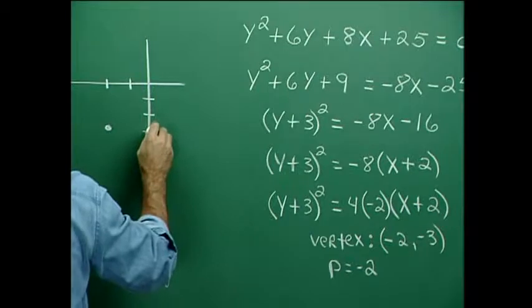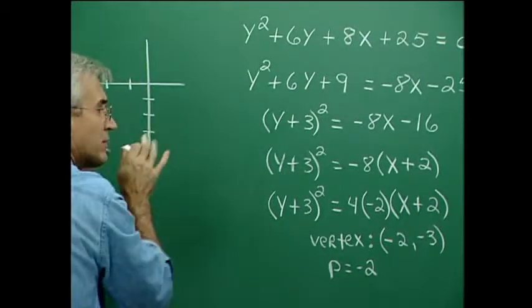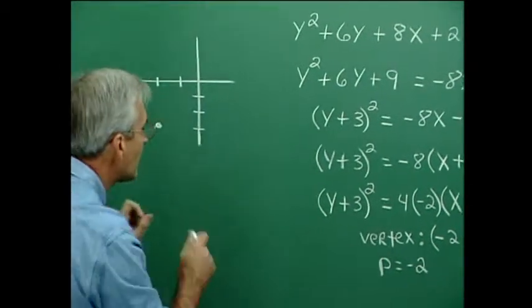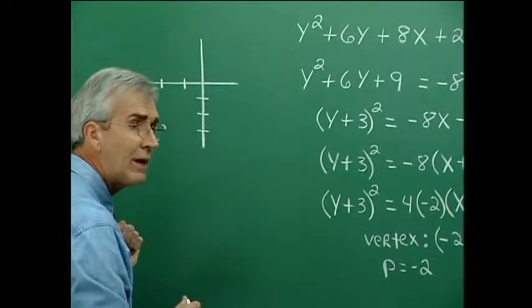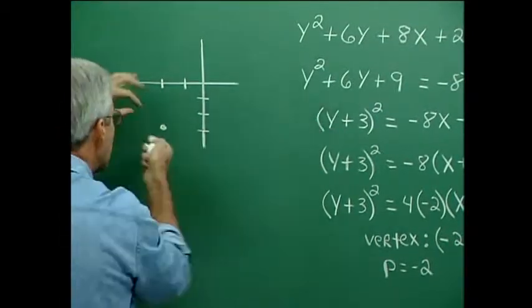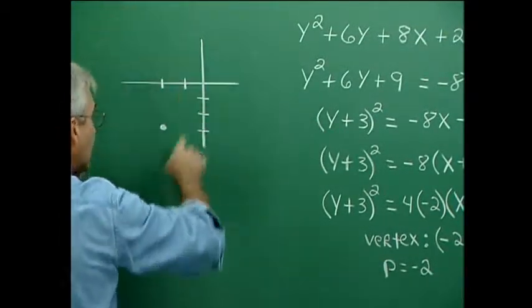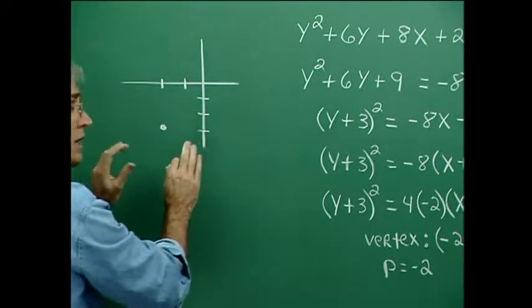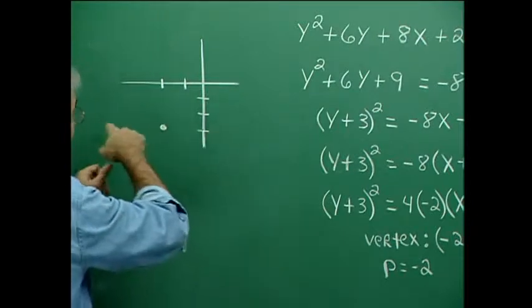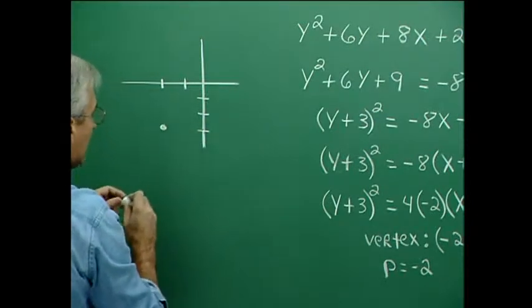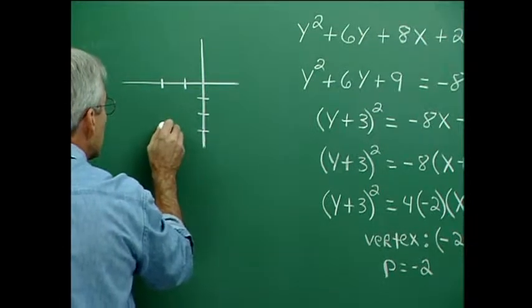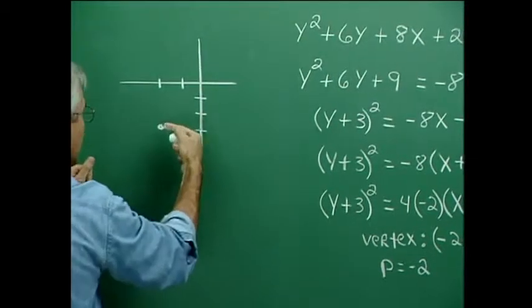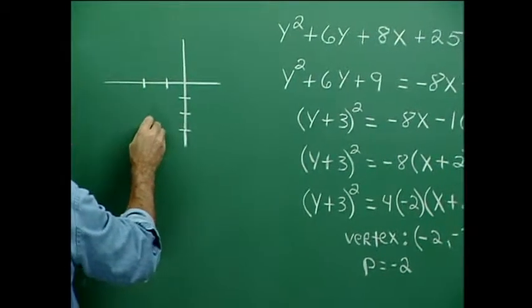Okay, now how is the graph situated? Well, we will go back over here and we see, oh, second degree y, first degree x. So 1 x gives rise to 2 y values. Again, we're opening to the side. That means that the distance p is taken as a horizontal distance, and that p value is negative 2. From here, the positive direction is that way, negative direction this way, so we go to the left 2.